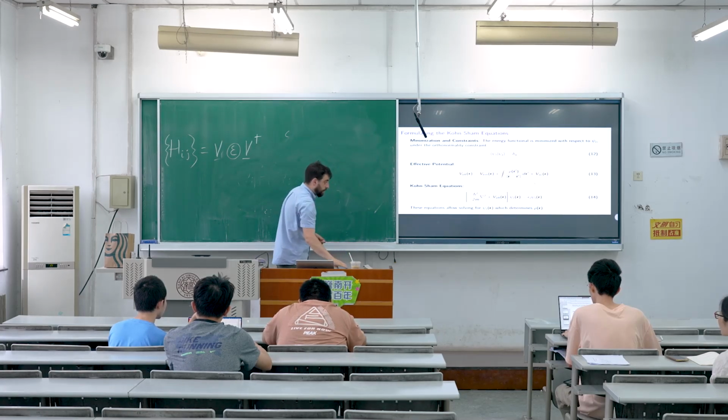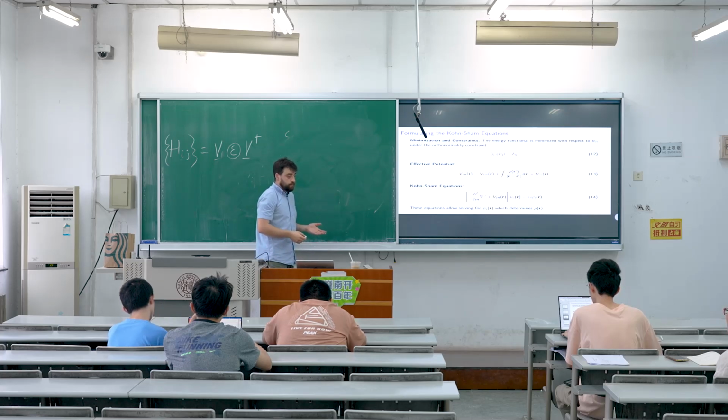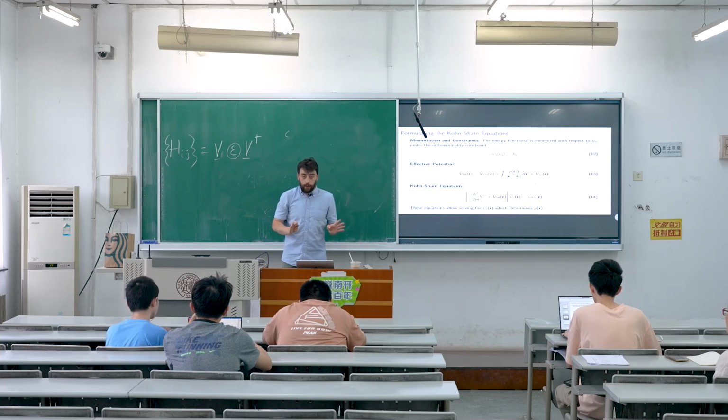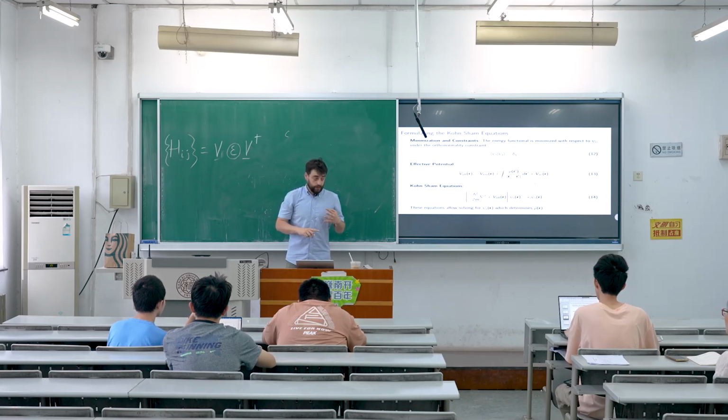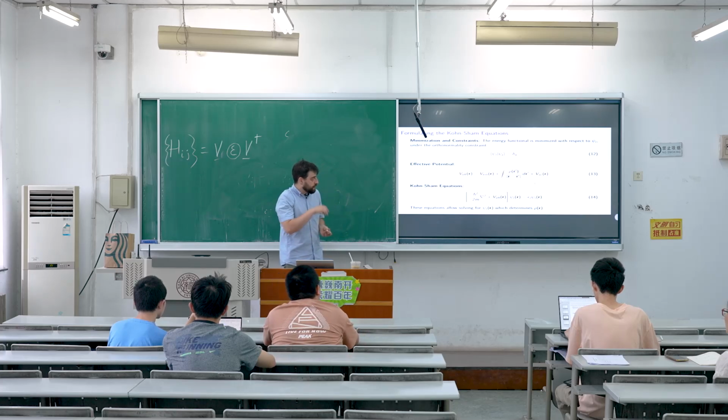All right. So in Hartree-Fock, the exchange term is calculated exactly. This is a consequence of the Pauli exclusion principle.